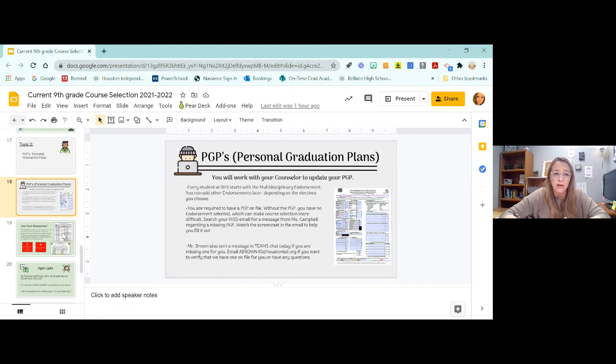So taking 8 classes would mean you would have to be in those classes as well as 7 periods. That's really the only way I can think of, unless you're doing HISD virtual school or something extra above your course load at Bellaire. It is a lot though, so something to consider.